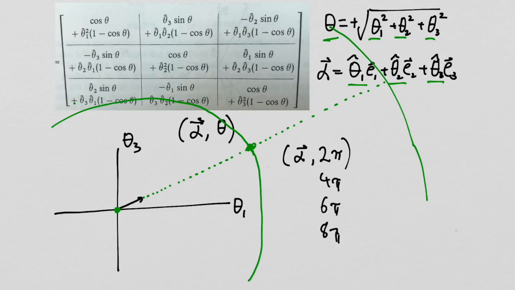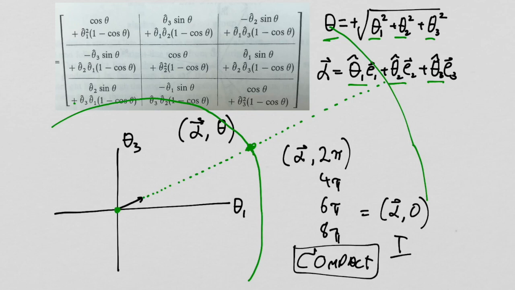All of those equal alpha 0, which is the identity element of the group. Then we say that the group is compact, right? And that has a topological meaning as well that we can talk about later. But the point is that this is a compact group, and that is why.